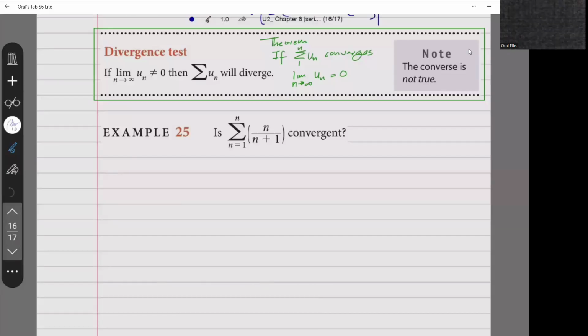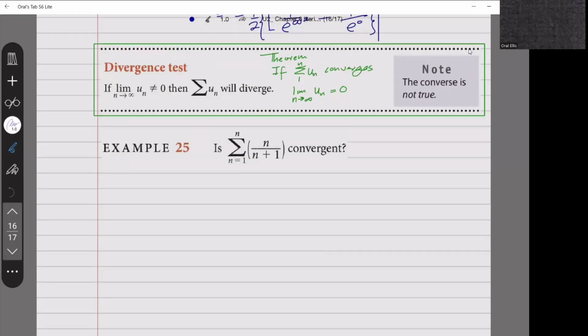All right, so the next thing we're looking at is divergency tests. The divergency test is an extension of that theorem in green that we learned earlier.